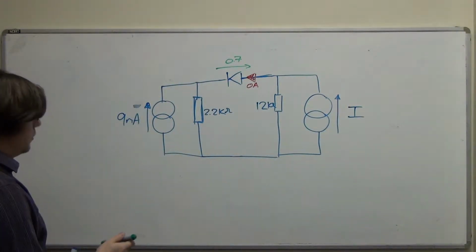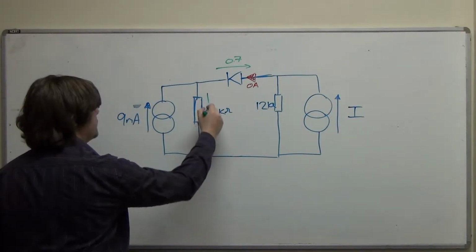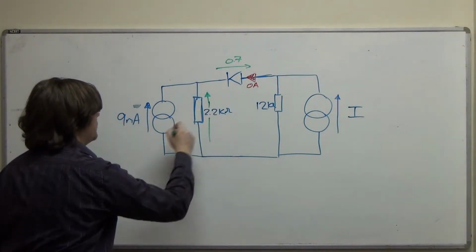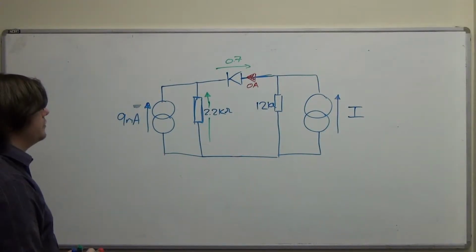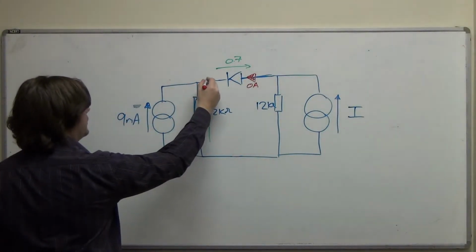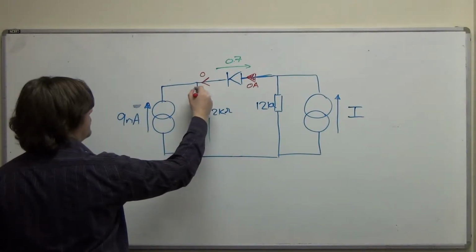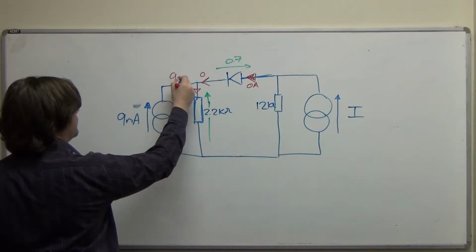So we can pretty quickly work out what the voltage is across this resistor, because we know how much current's flowing through it, because we can sum up the currents on this node here. We know that that's 0, we know that that's some current leaving, and we know there's some current coming in here, and that's 9 milliamps.